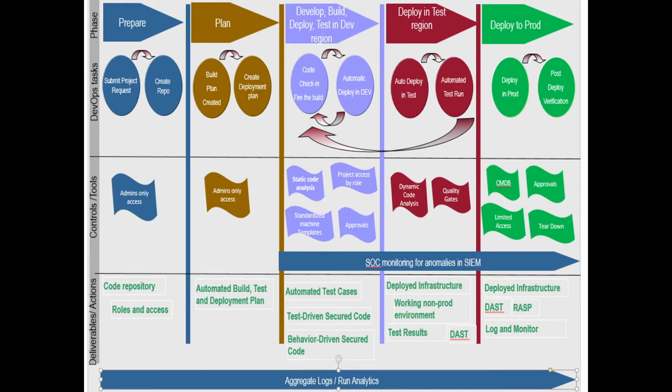Test-driven secure coding practices have to be utilized. Behavior-driven security coding practices can be utilized. So these are some of the deliverables. And then there are RASP and DAST, dynamic application security testing. There are tools that can be used in the application for self-protection.